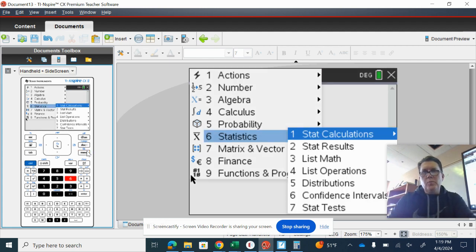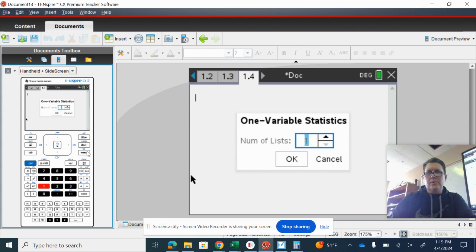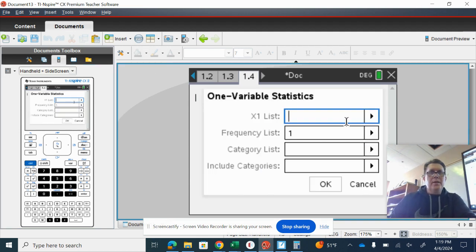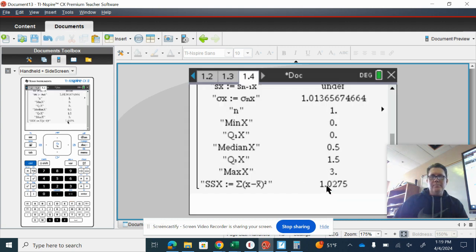Menu 611, it's one variable statistics on whatever calculator you're doing. The number of lists is still 1. The list, I put it in as X, but you have to make sure you put your frequency as F. If you're using an Inspire, then it's got to be like L1, L2, where you put the second one, and then you click OK. If you don't get that frequency in, you're not going to get this right.